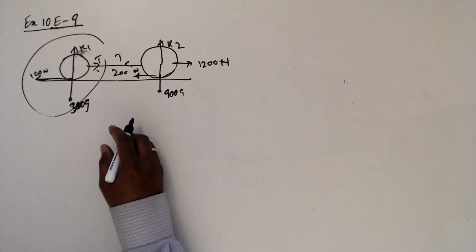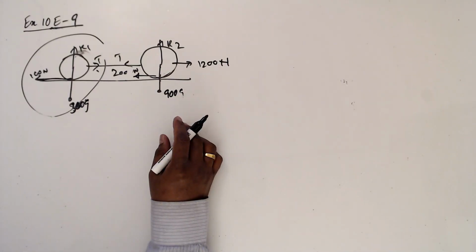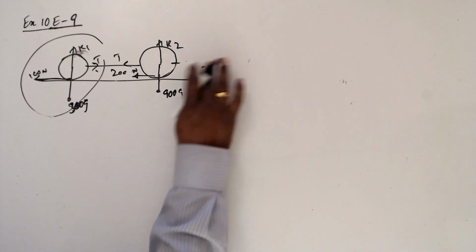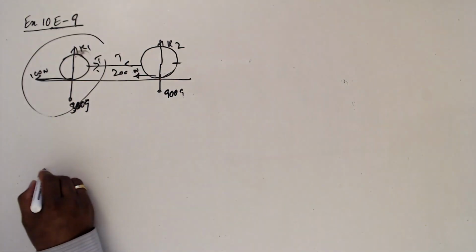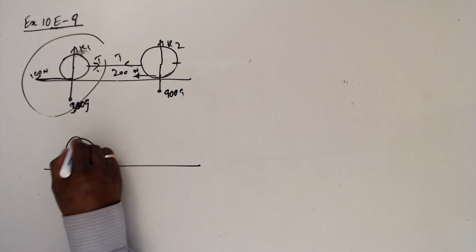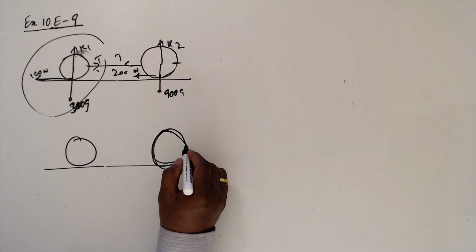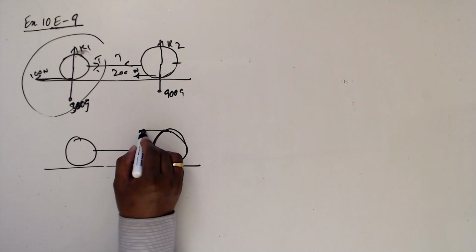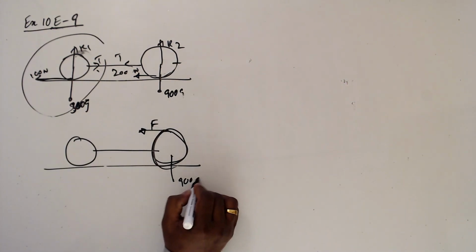So take the accelerator out, then this goes to zero, and the brake applies a force in this direction.